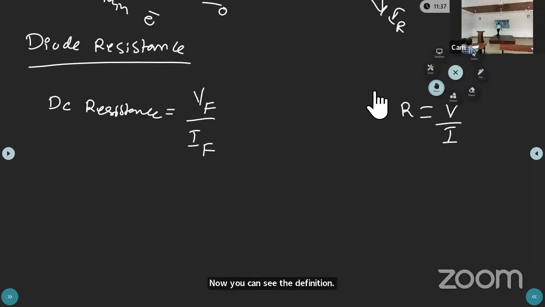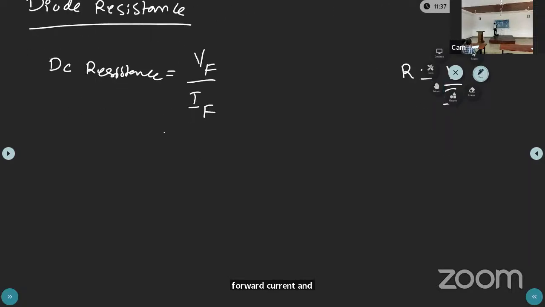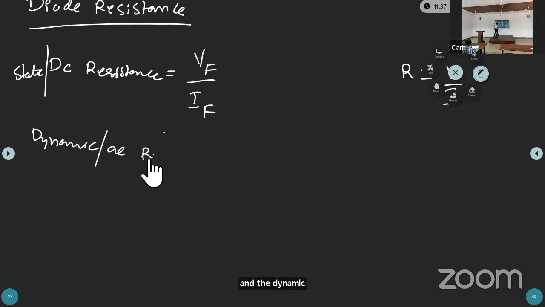Okay, so DC resistance is the forward voltage divided by the forward current, and this is also called static resistance. The dynamic or AC resistance is defined as delta VF by delta IF.